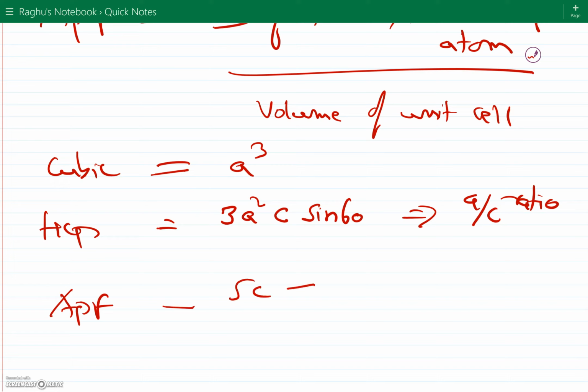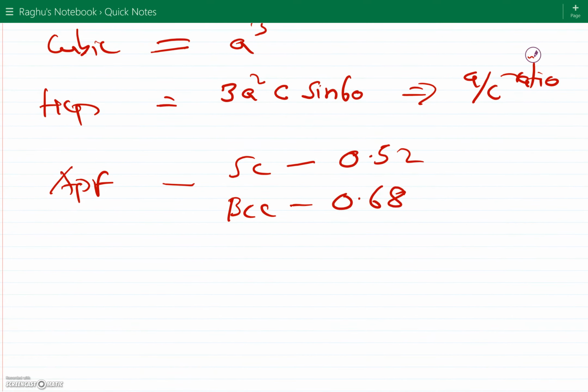Simple cubic is about 0.52, so only about 50% is packed. BCC improves a little bit to 0.68. FCC and HCP, which are the most closely packed of all the 14 unit cells that we talked about, are about 75%, 0.74 and 0.74.